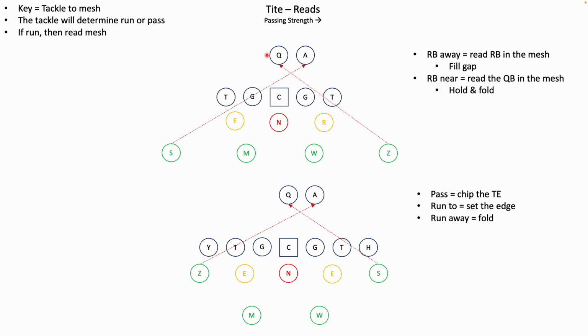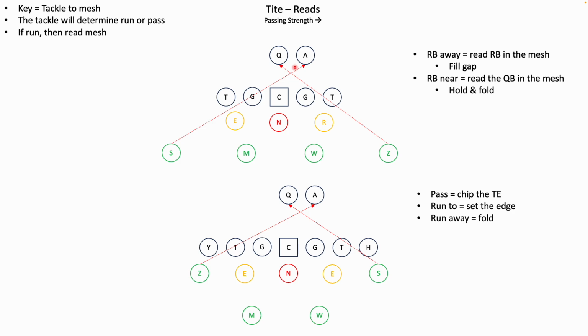So if the tackle base blocks and you read run, you're immediately going to start filling your gap and your eyes are going to transition to this running back. If the quarterback hands it off to the running back, you're just going to hold your C gap and go make the tackle. So if the running back is away, you immediately fill your gap and your eyes transition to the running back in the mesh.